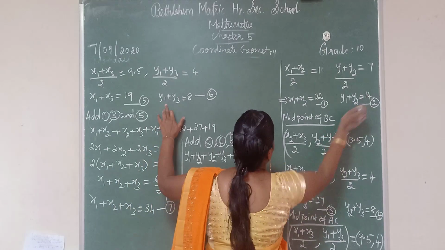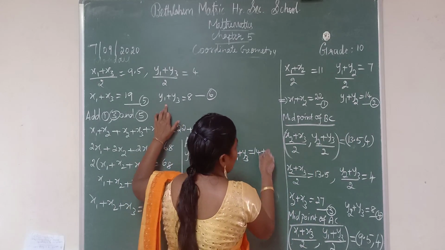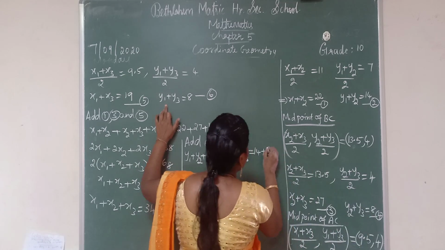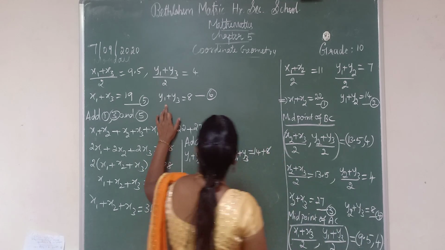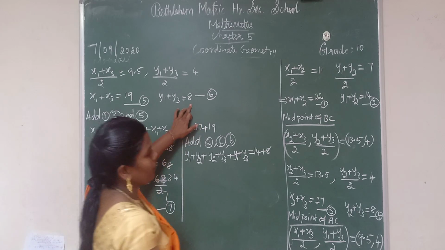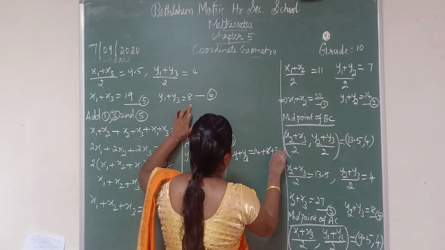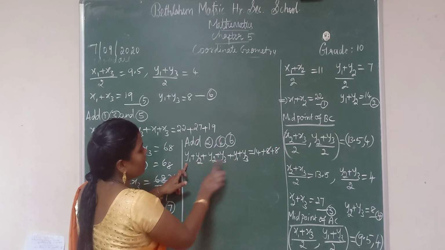Equation 2 has 14, equation 4 has 8, and equation 6 has 8. Add it. Two y1 terms are there.